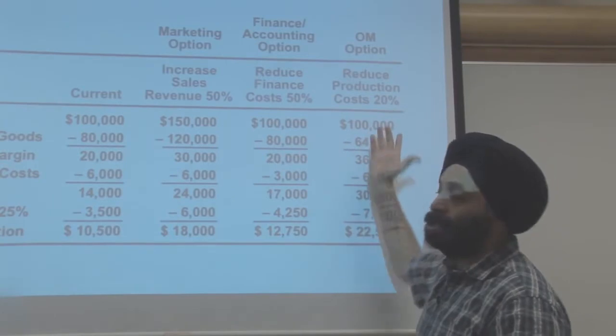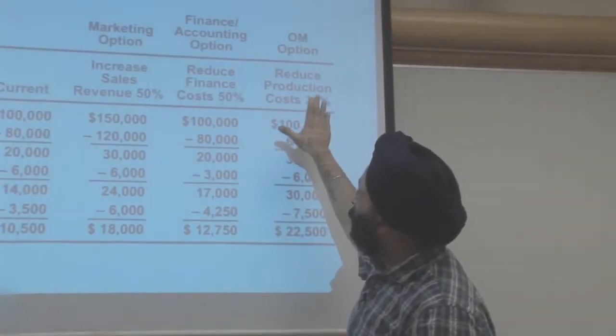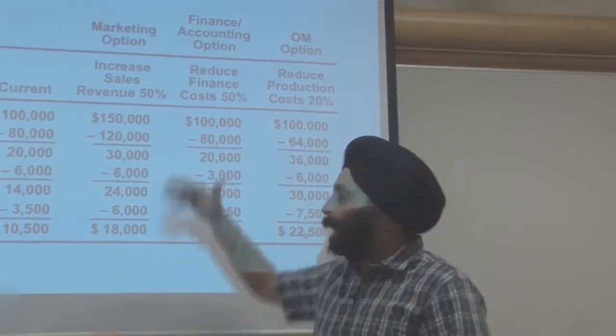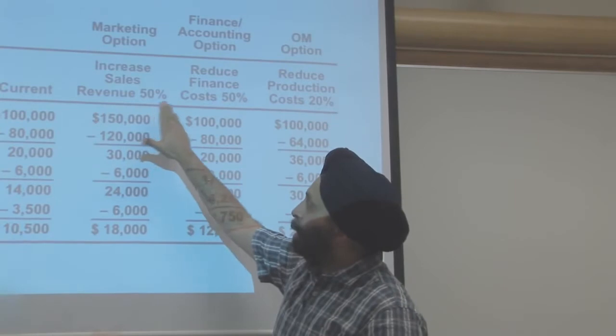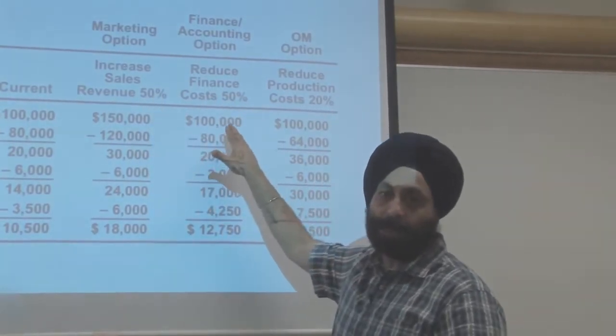Let's look at the operations management option. So in this case, now we are actually looking at a target which is much more realistic, not some highly improbable target of increasing sales revenue by 50% or reducing finance cost by 50%.